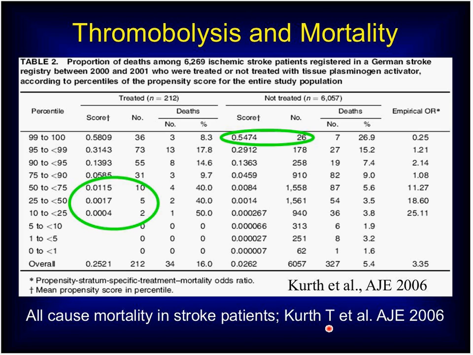So this is the paper by Tobias Kurth that just still continues to teach us about weighting and propensity scores. This is an analysis on thrombolysis therapy coming from a German stroke registry. And thrombolysis is used in stroke patients to essentially decrease morbidity due to the stroke, but it has one traumatic side effect.